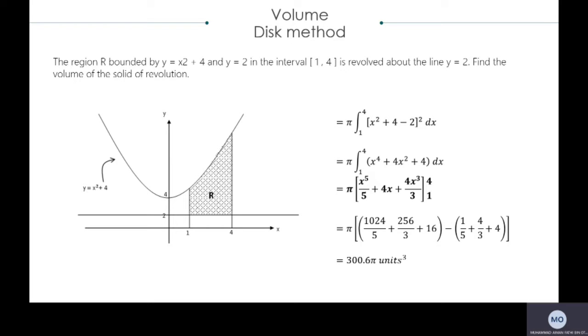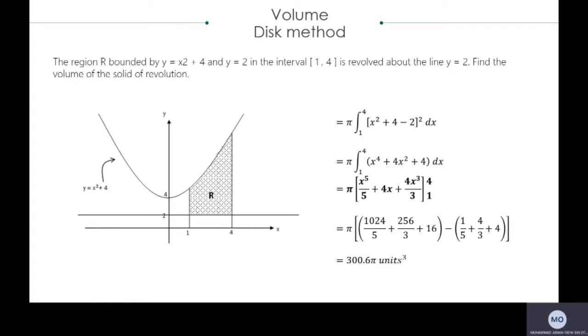Next, I want to show you guys how we use application of integration to find volume with this method. First, the region bounded by y equals x to the power of 2 plus 4 and y equals 2, in the interval 1 and 4, is revolved about the line y equals 2.